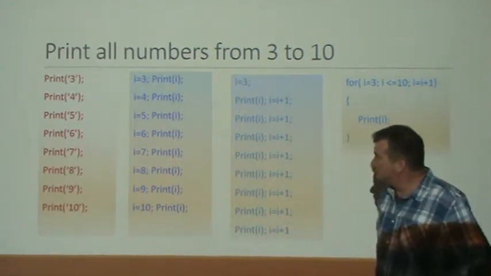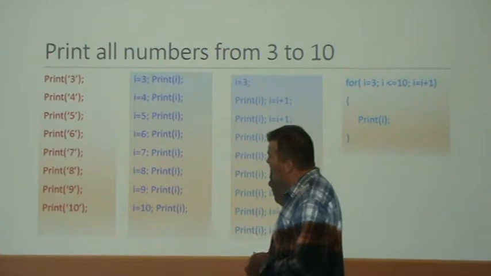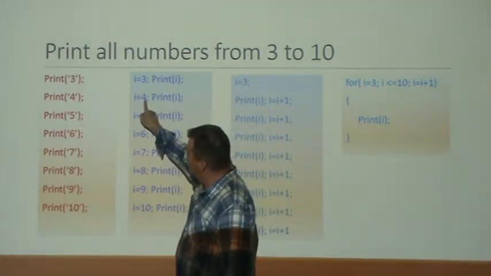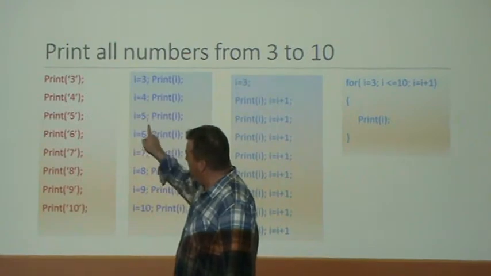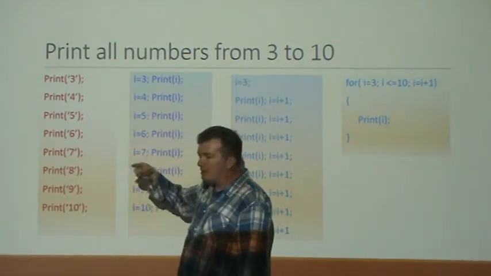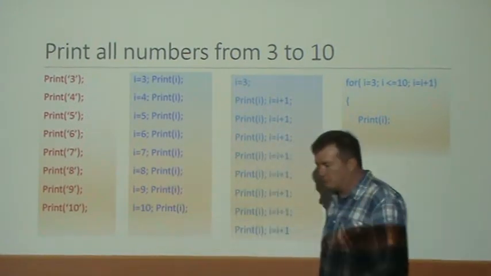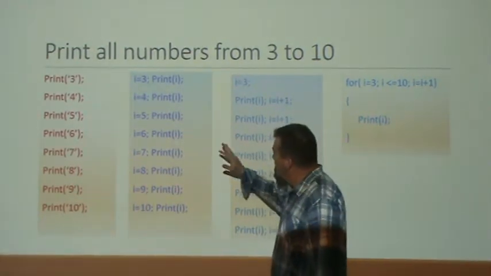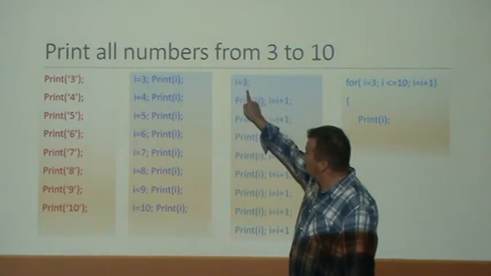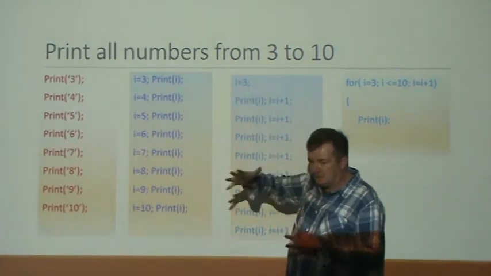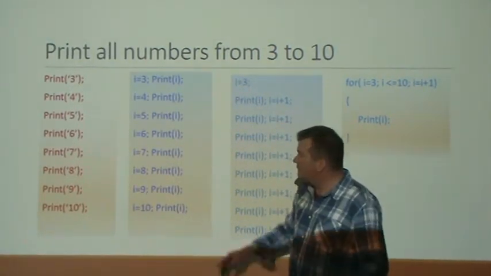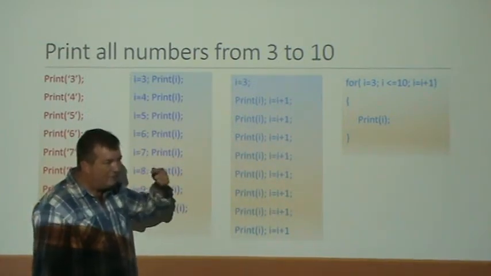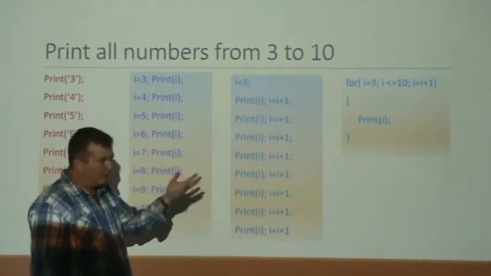Now suppose that instead of changing the value of I to the next number directly, I wanted to do this. Suppose I wanted to set the variable I equal to 3. That's my first step. Then I decide I'm going to repeatedly do the same thing over and over.